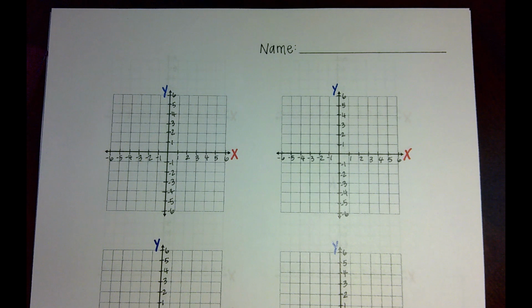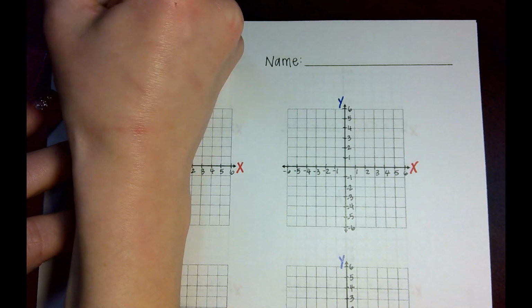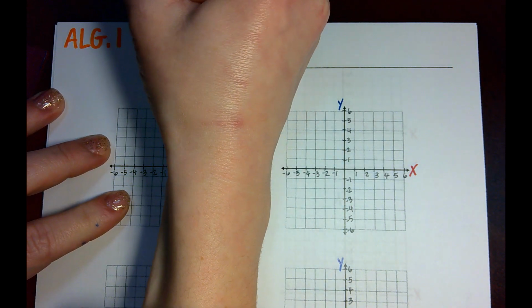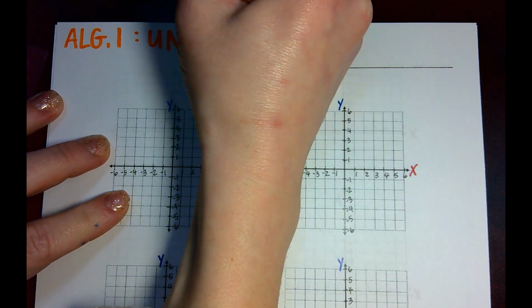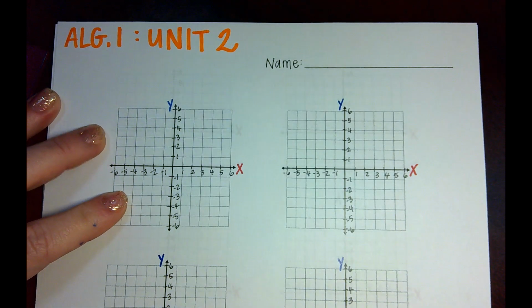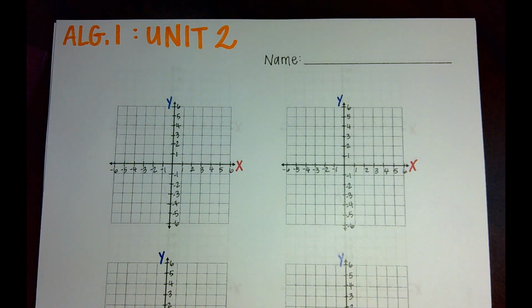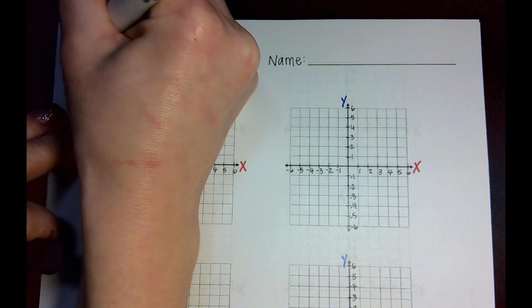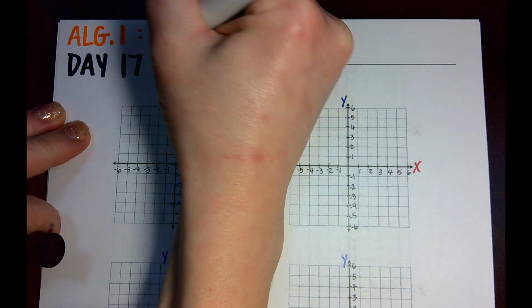It helps. And I'm going to label this as my day 17 notes. That's what today is. February 11th. So, Algebra 1. We're in Unit 2. Day 17 notes.